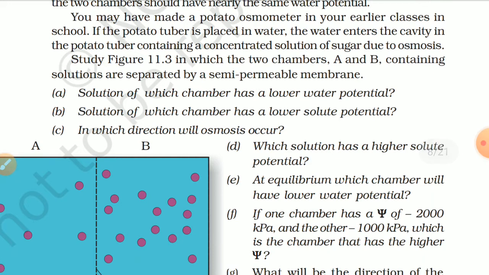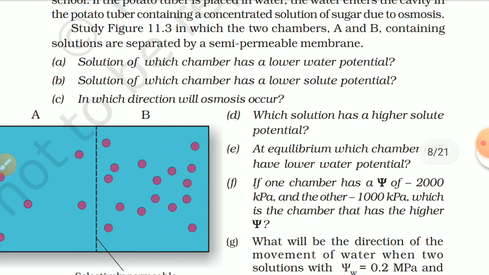A. Solution of which chamber will have the lower water potential? B. Solution of which chamber has a lower solute potential? C. In which direction will osmosis occur? D. Which solution has a higher solute potential? E. At equilibrium, which chamber will have lower water potential?